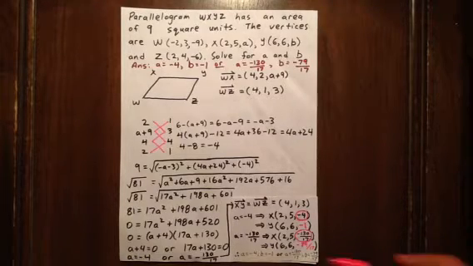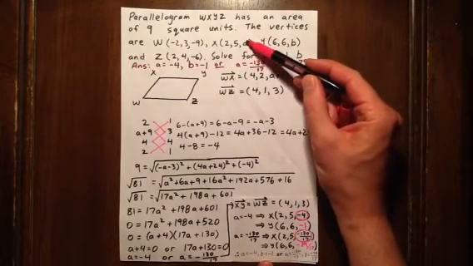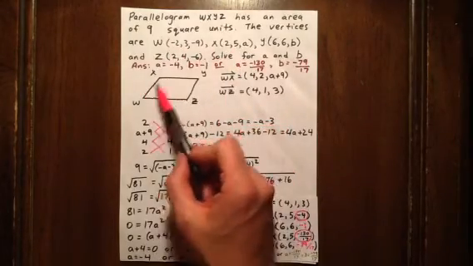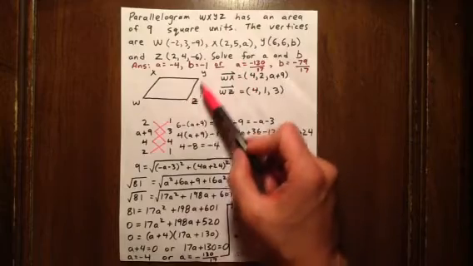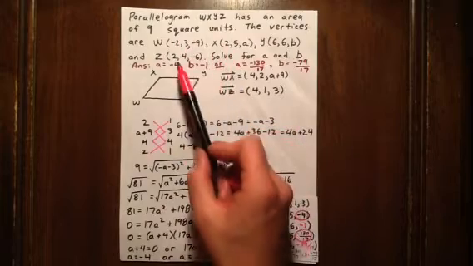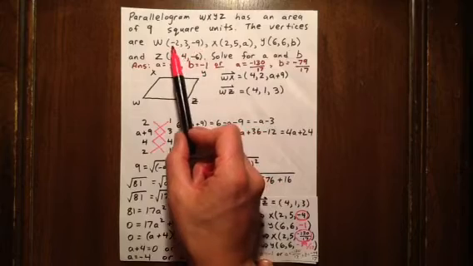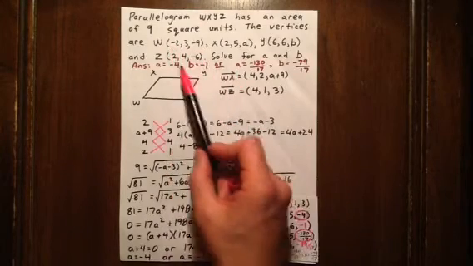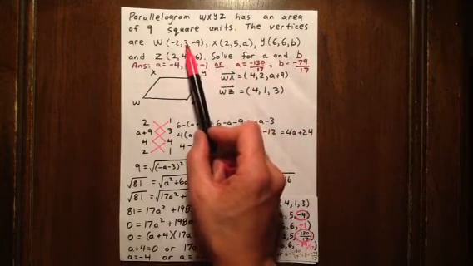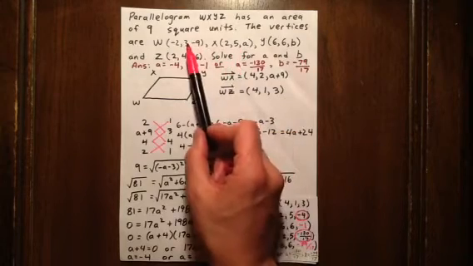So, suppose a equals negative 4. Suppose this is a negative 4 right there. Well, we know that WX, which is right here, has to equal ZY, which is right here, because it's a parallelogram. So WX has to equal ZY. Well, WX is 2 minus negative 2, which is 4. ZY is 6 minus 2, which is 4. The x's work. The y component for WX would be 5 minus 3, which is 2.